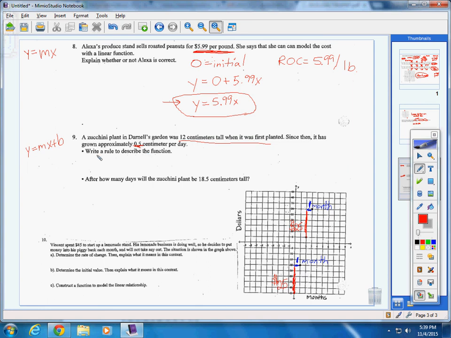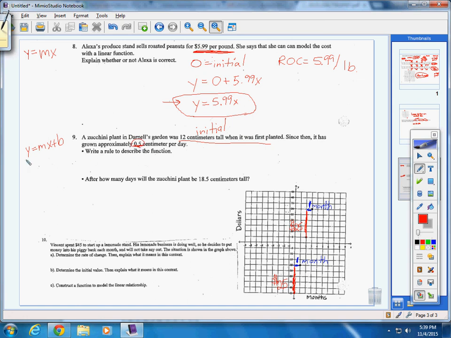That's the same thing as asking, express this as a linear function. So, once again, our initial value is 12 centimeters. So I'm going to put that in here for you guys. Initial value is 12. And of course, our rate of change, you can see it right here, is 0.5.